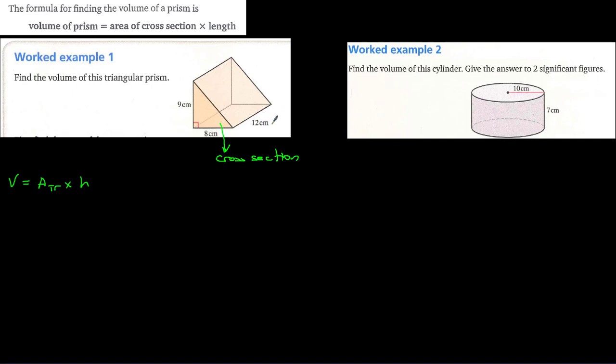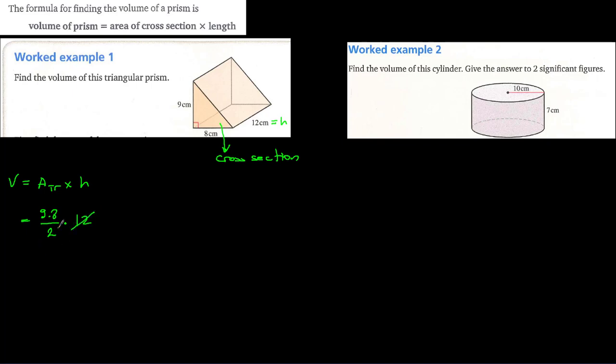This height is equal to 12, or length it will be. I'm going to use height because generally in books they are using that formula. This is a right triangle. The area of the right triangle is 9 times 8 divided by 2, and the height is given as 12 here.